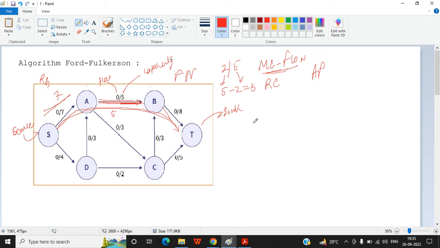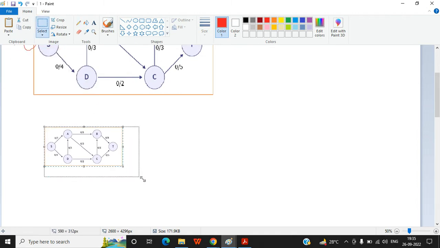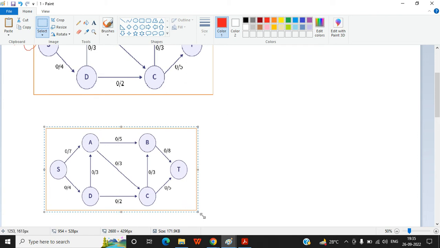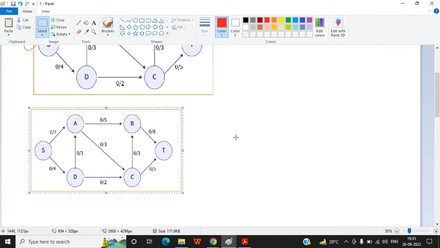We can proceed, means we have to consider all the augmenting paths that are possible for the graph, and change the residual capacity. Let's see. So I'm copying this one again, the first one.